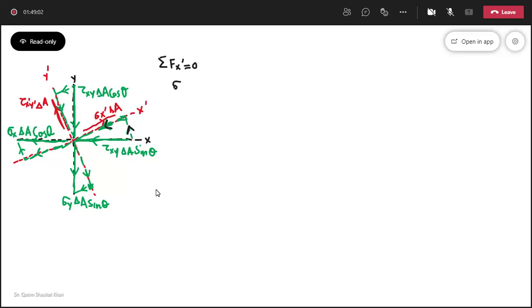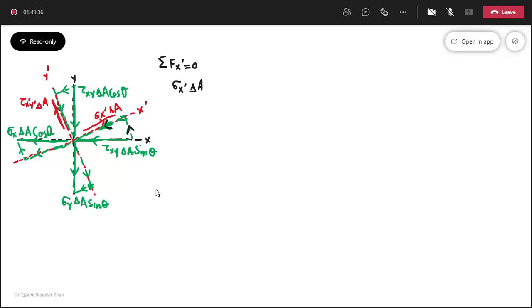Sigma x dash delta A. Then let's start from here and go around. The next one is tau xy delta A sin theta. Along the x-axis you have this component.